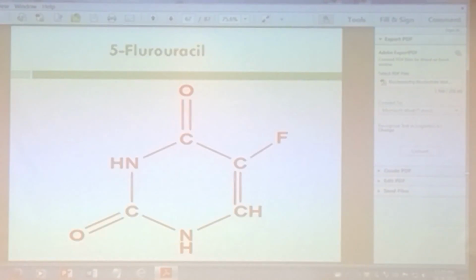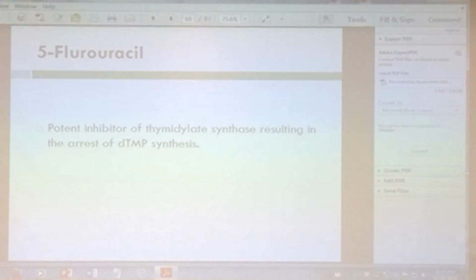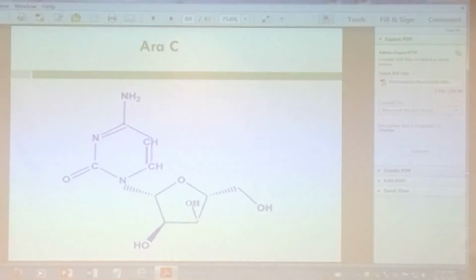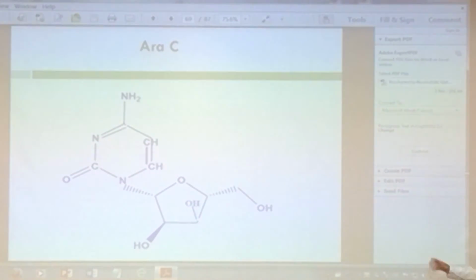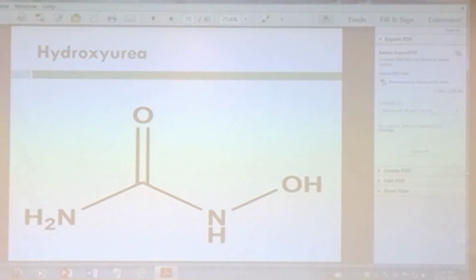Okay, 6-mercaptopurine. 5-fluorouracil, once again, that's the inhibitor of thymidylate synthase, and it's a potent inhibitor of thymidylate synthase. That's the 5-fluorouracil. Add a C, it's arabinose instead of ribose. That's the problem with that compound.